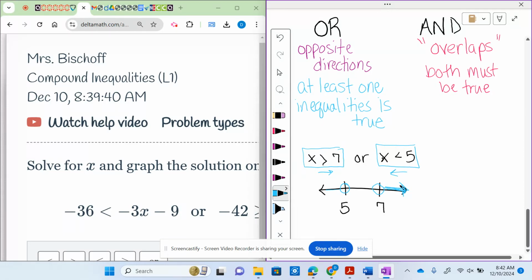So I'm going to go to where x is less than 5, and I'm going to shade from the 5 everything to the left. So your OR graphs go in opposite directions. Do you see that? The OR inequality goes in opposite directions. That means that you're going to get an answer on this side, or you can get an answer on the other side. Okay? Does that make sense?